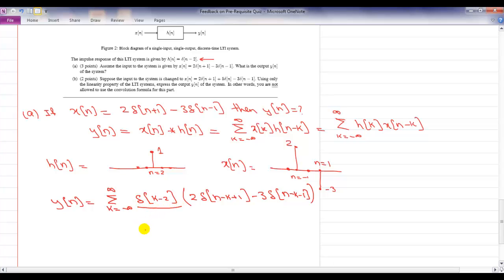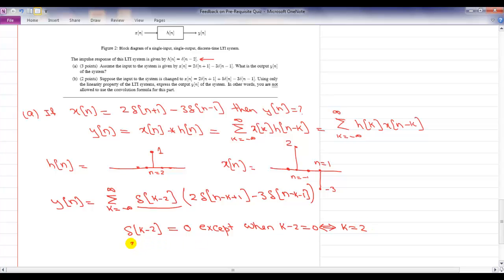So again, you have to remind yourselves of the definition of the delta function. The delta function is non-zero only when its argument is 0. Otherwise, it is itself 0. This means that delta of k minus 2 is equal to 0 except when k minus 2 equals 0, which implies that k equals 2.